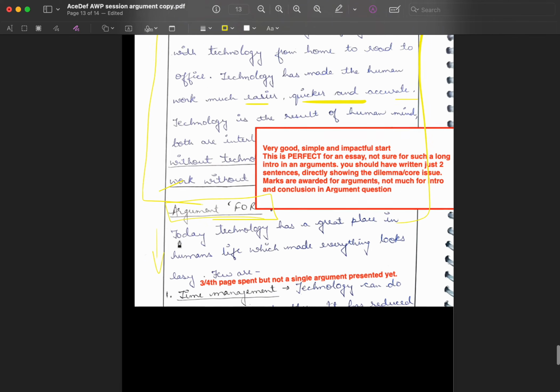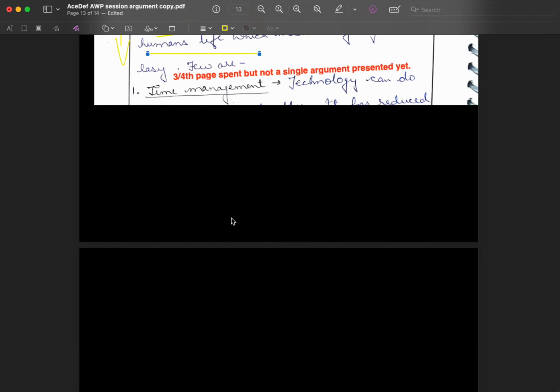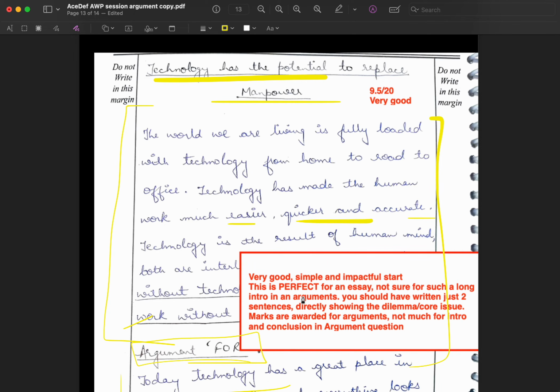And even after writing argument for, the candidate has written two more lines. Today technology has a great place in human life which made everything looks easy. There is no need for this. This is perfect for an essay, but not sure such long for interviews.